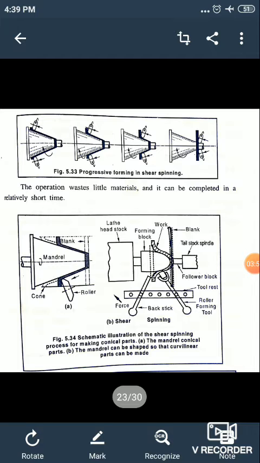The thickness of the walls of the metal can be controlled by adjustment of the roller spacing between the mandrel and the roller.